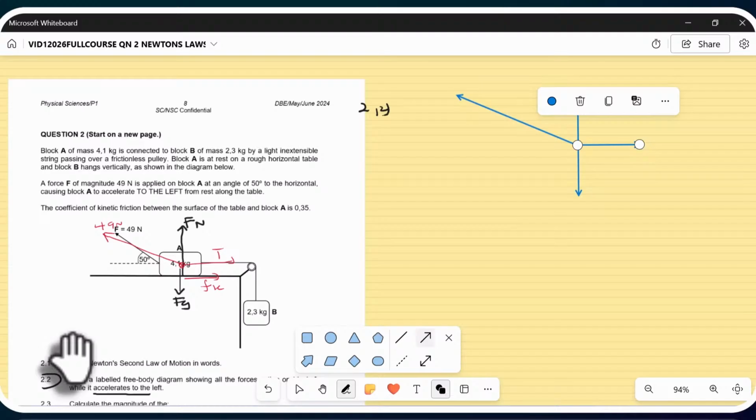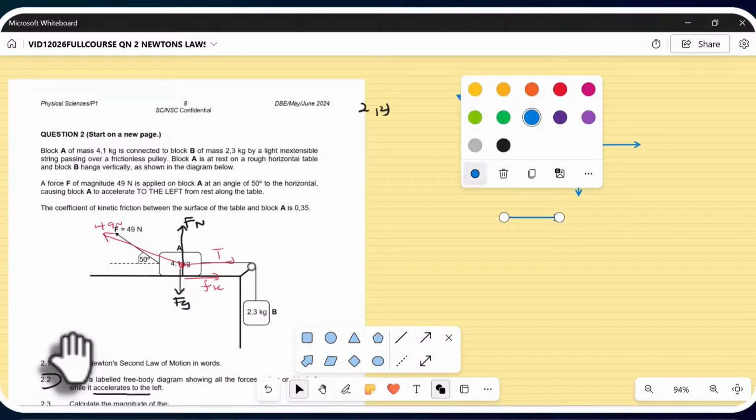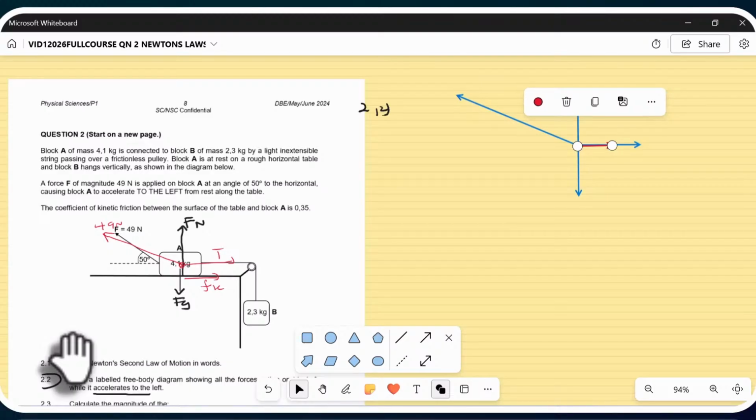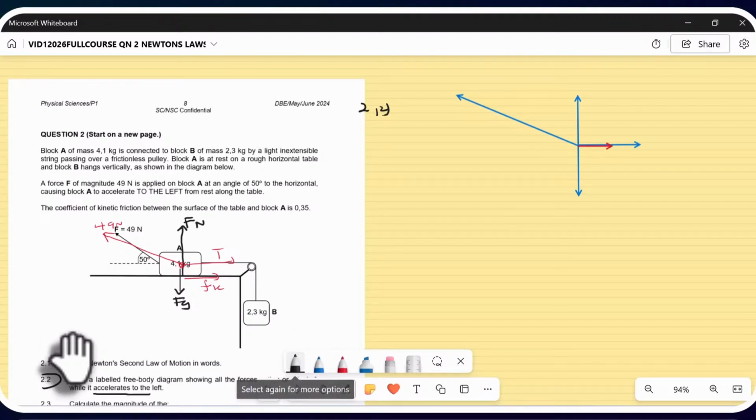Now this, you see in the red, is the frictional force. And because the block is moving, we call it kinetic frictional force. And because we want a free body, we represent it with a dot, so put a dot here. The dot shows us the free body.